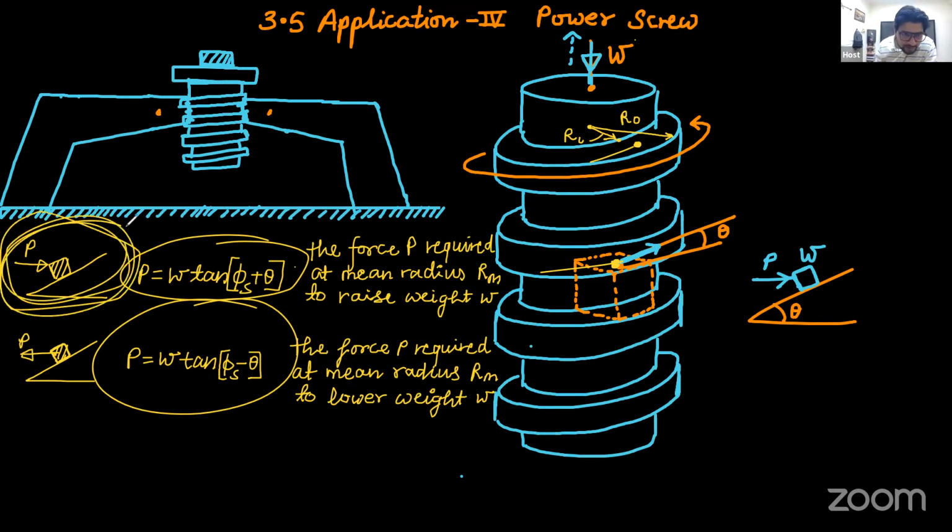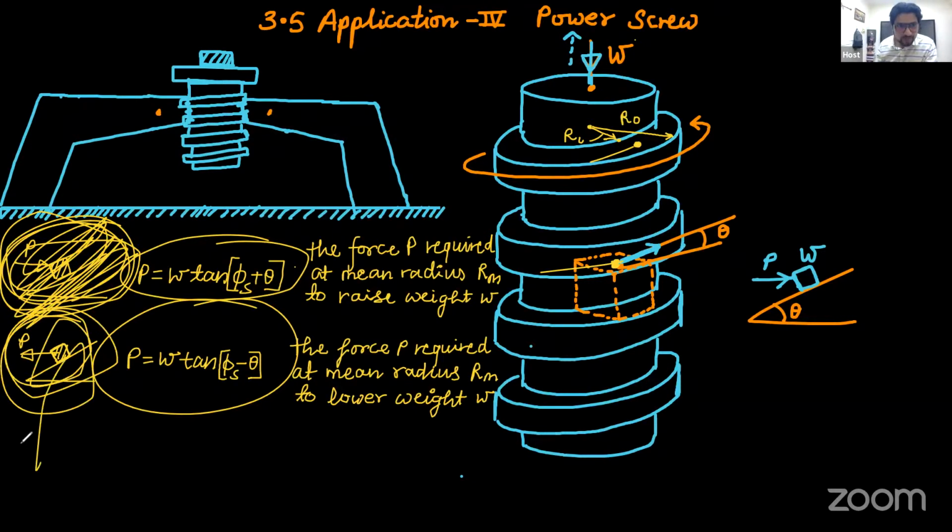When we solved the block over inclined plane problem, it was a 2D problem. We thought everything is in the plane of the board only. But in the power screw, it becomes a 3D problem.